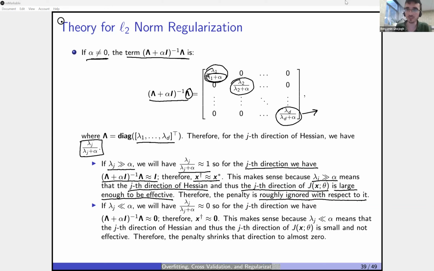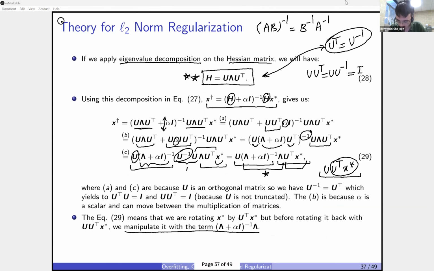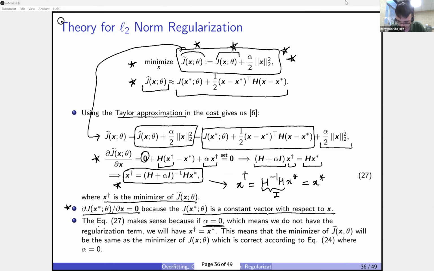So we have some penalty. But when lambda j is much greater than alpha, what was lambda? It was the eigenvalue of the Hessian. And the Hessian was the Hessian matrix for what? For the Taylor series expansion of J, the empirical error, right?